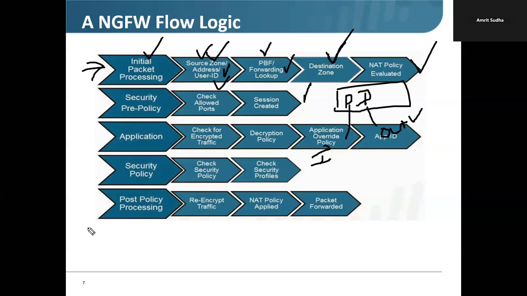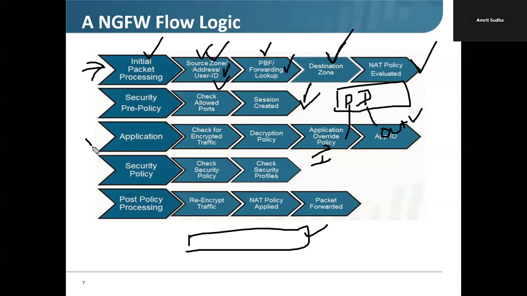There may be multiple instructions to process the packet, and according to that configured ACL, it will process the packet. Okay, so after that, the session will be created in the session table. If there is no entry in the session table, it will create the session entry.